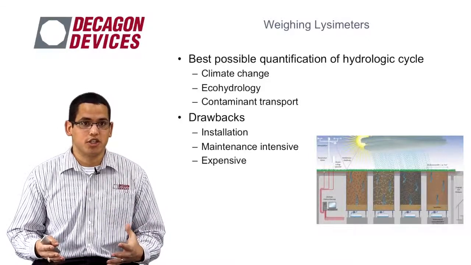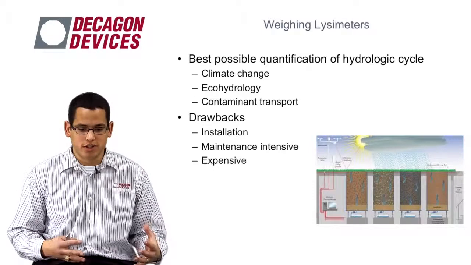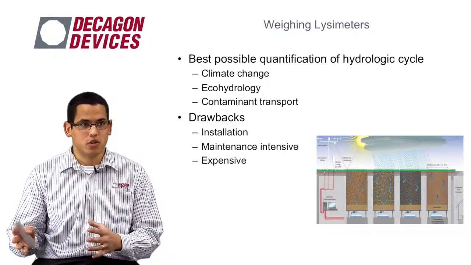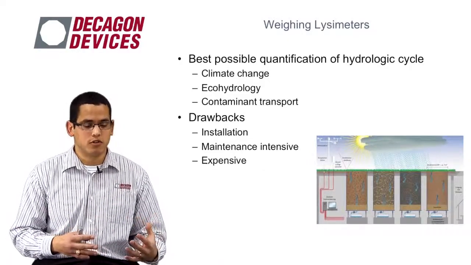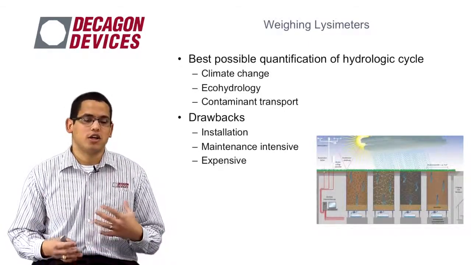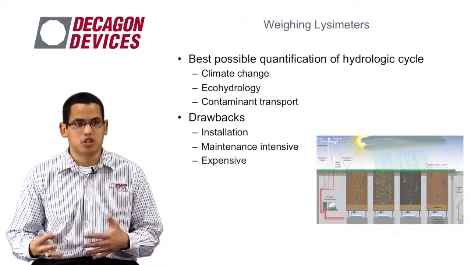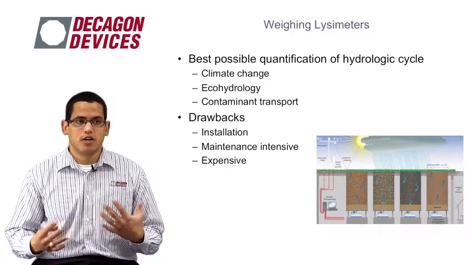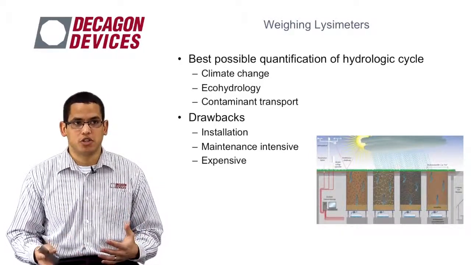There is a large research project going on in Germany called TERENO SoilCan, where they're taking monoliths from the northern, colder climates in Germany and moving them down to the warmer climates, and vice versa, moving lysimeters from warmer climates to colder climates, to help understand what would happen during climate change in certain areas, as far as solute transport, the nutrient cycle, those types of things. So that's a really interesting project where they're using weighing lysimeters to help understand climate change.